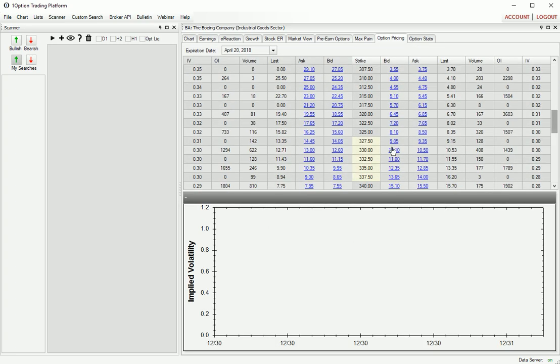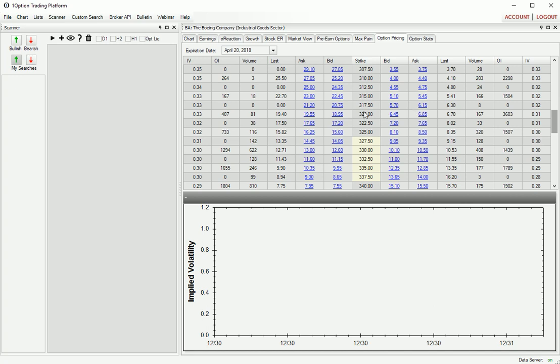Scroll down, take a look. So we got the 320, 317.50, and let's say that you can get maybe 660 here, and maybe you can buy that one for $6. You can only get a 60-cent credit on this, so I'd like to see a little bit more than that, and a little bit more would help.